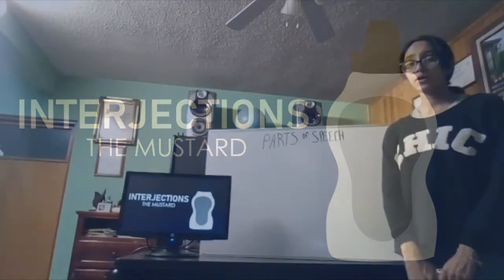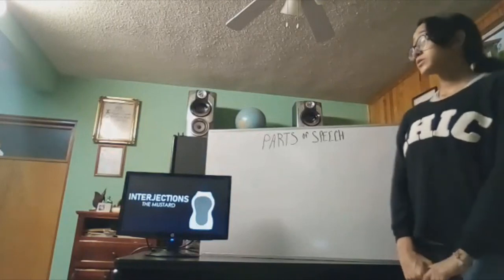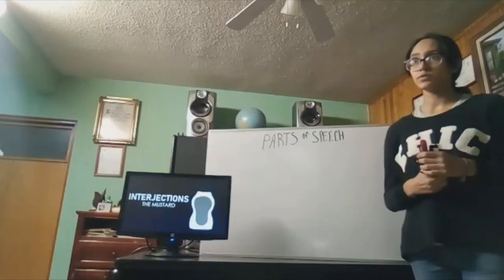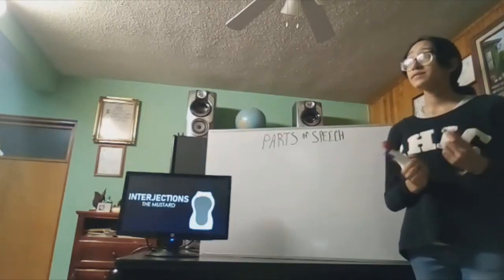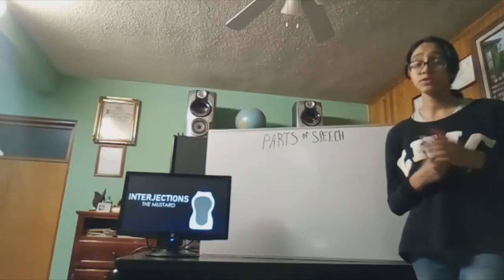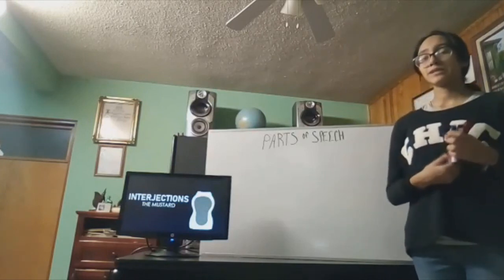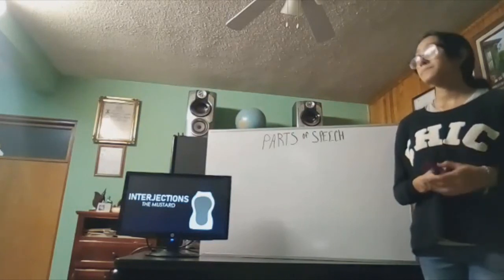The last part of speech is interjections. Interjections help us convey an emotion to the reader. They are not necessarily grammatically required for a sentence to function, but they help us convey the emotions that we're trying to express through our character or through our sentence.